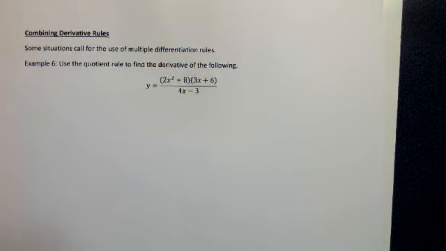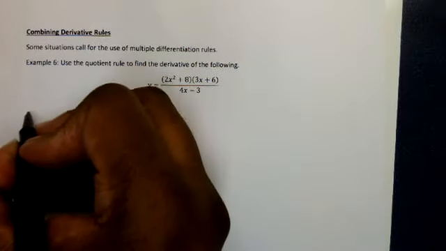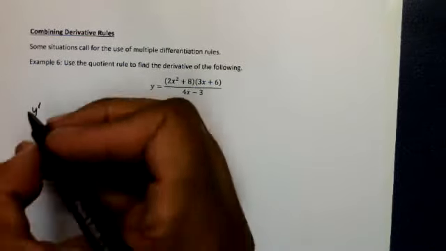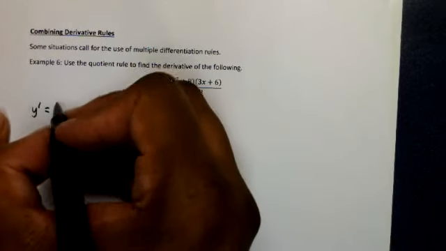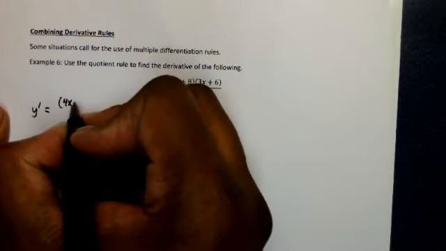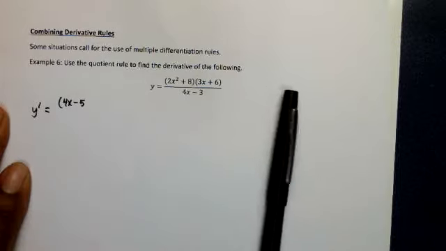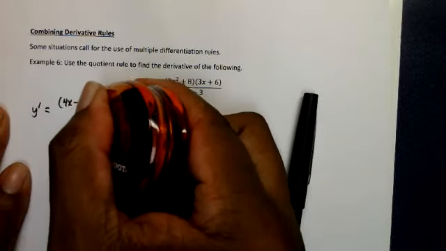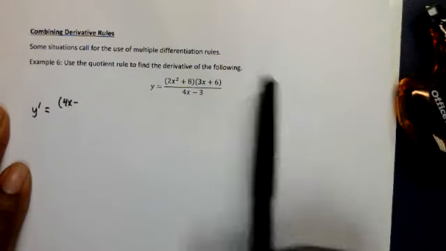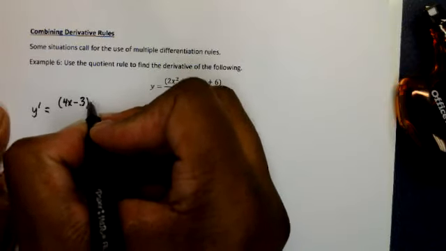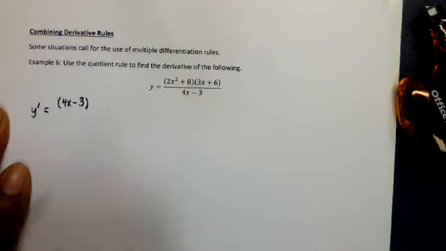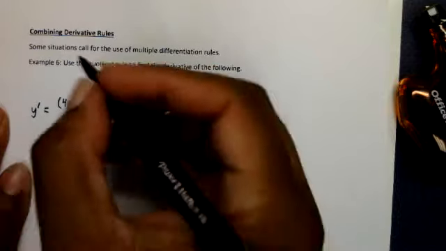Now, if we were to use the quotient rule on this, here's how we will start that. y prime is going to be equal to the low, which is your 4x minus 3, times the derivative of the high, that's the derivative of that numerator.